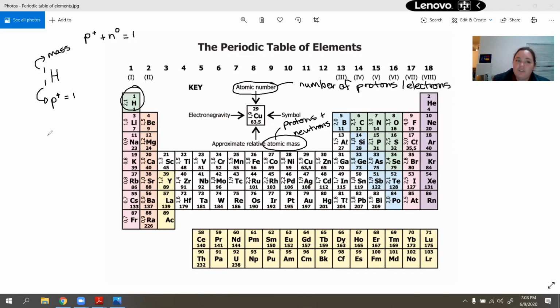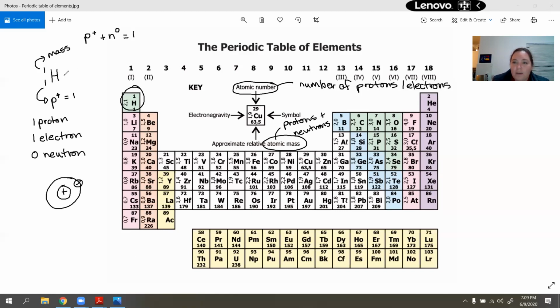So what I can deduce from this is inside a hydrogen atom, I have got 1 proton. If it's a hydrogen atom, we could also say that it's got 1 electron because it's neutral at this point. And we have got no neutrons. Okay, so if I were to draw this, there's a proton in the center and there's an electron on the outside.